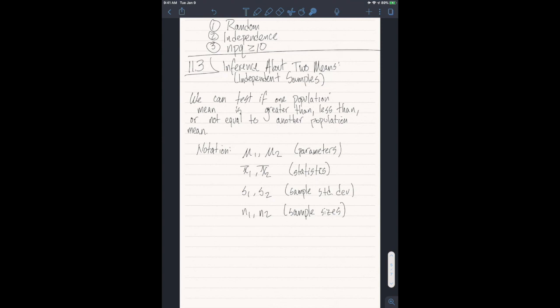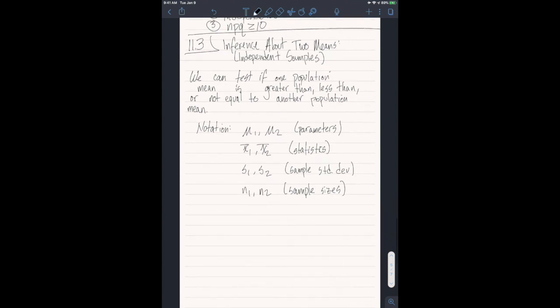All right, so let me just jump straight into the steps. So steps to hypothesis test two means. First step, set up H0 and HA.